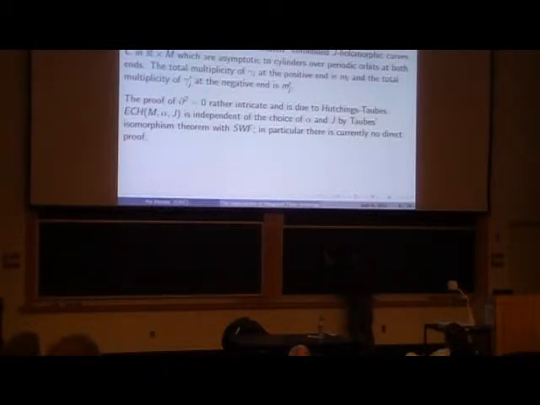You count holomorphic curves which asymptotically go to the prescribed orbits at the positive end and to prescribed orbits at the negative end, such that the total multiplicity at the positive end is the m_i's that you prescribe, and at the negative end you also have m_i prime.